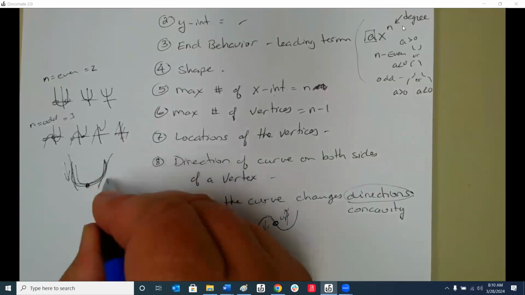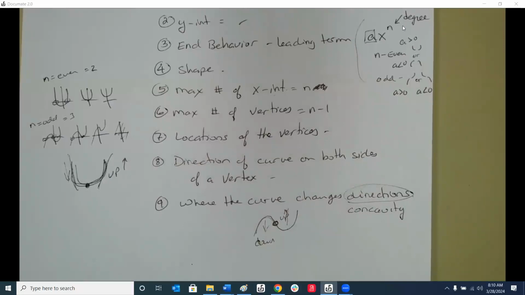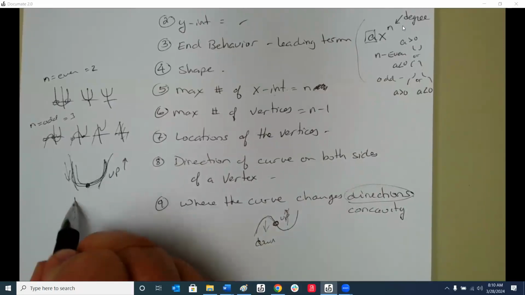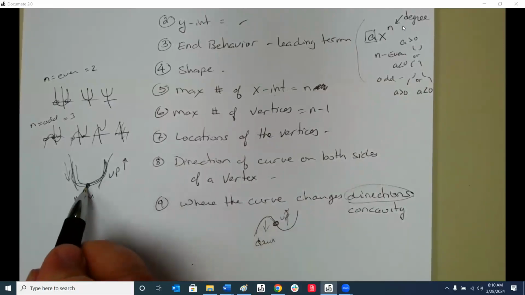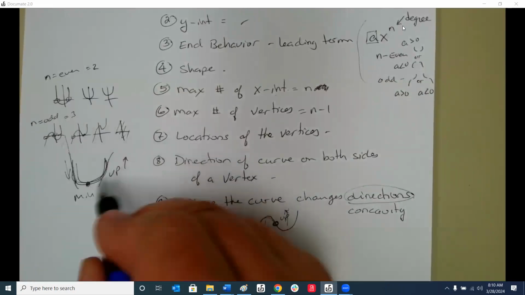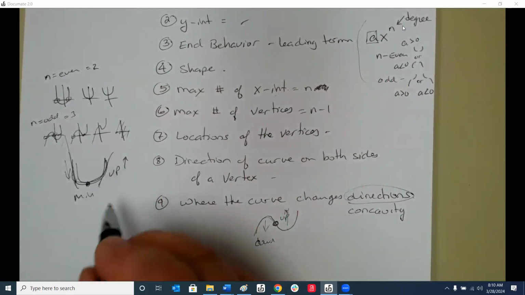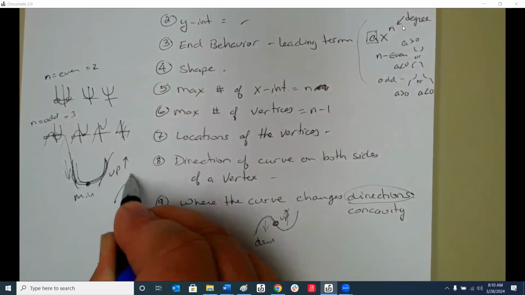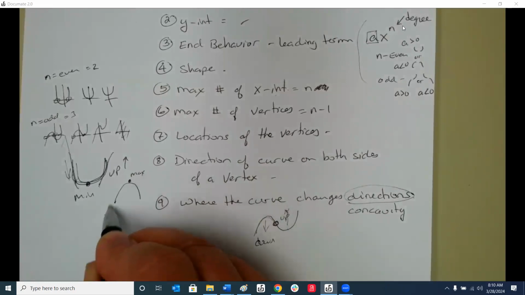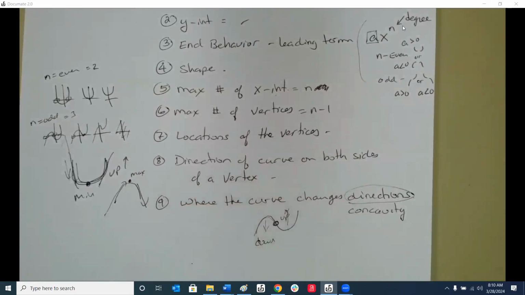On this side, it's going up. So if we have a minimum, then on the left-hand side it's got to be going down, and on the right-hand side it's going up. That's how it's the minimum. If it's a maximum, what happens? On the left side, it's got to be going up. On the right side, it's got to be going down.